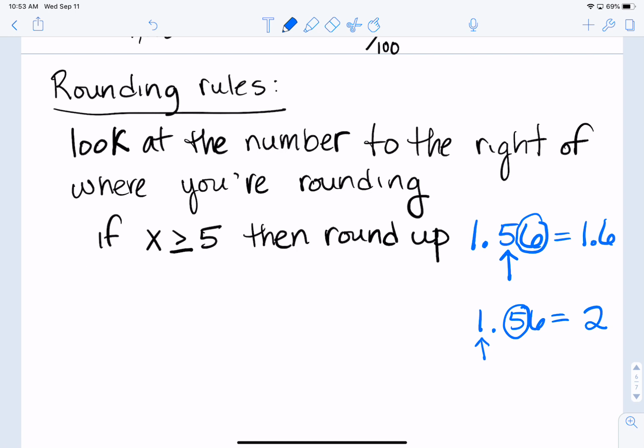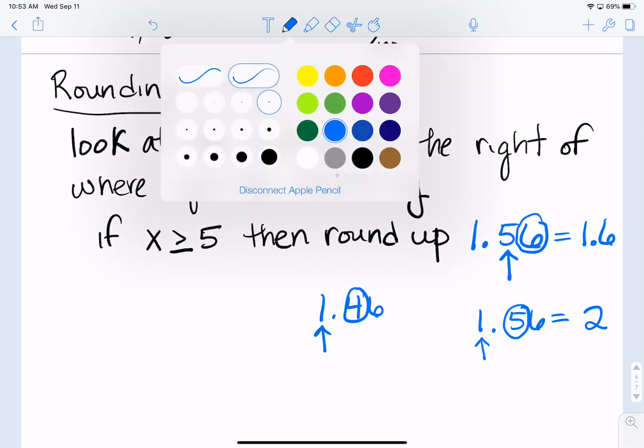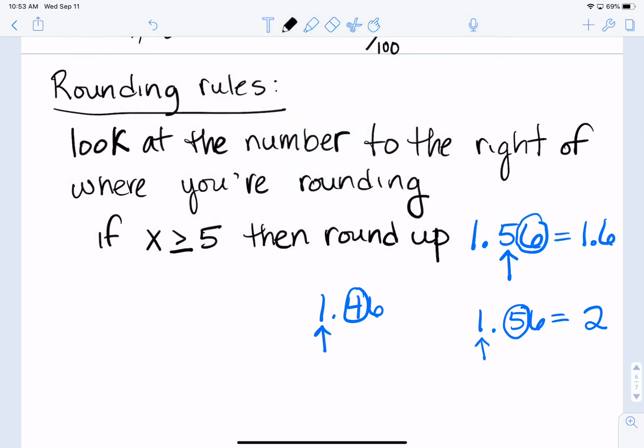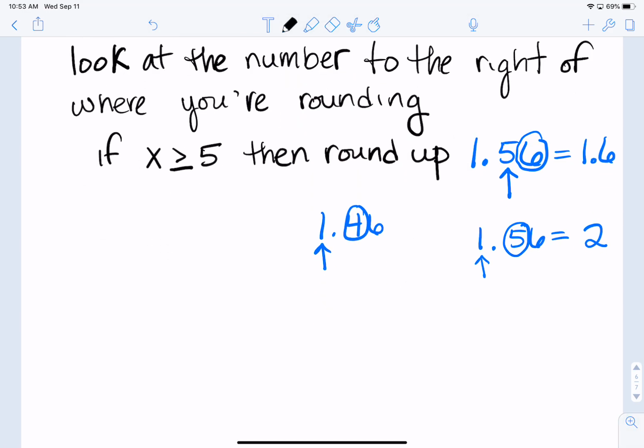Yeah, Bryce. Oh, so if you're saying 1.46 and I needed to round to here, yeah. So you look at this number. So I guess I need to tell you the next rule to answer Bryce's question. If X is less than 5, then leave the number the same.